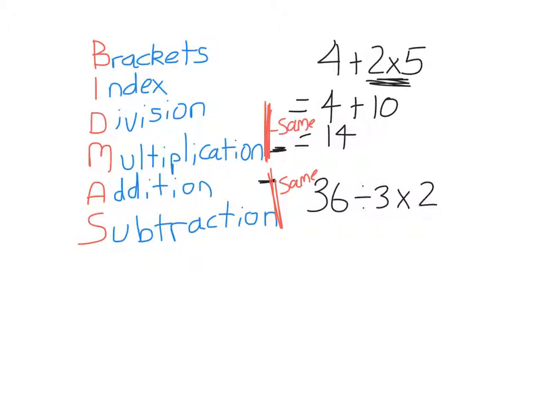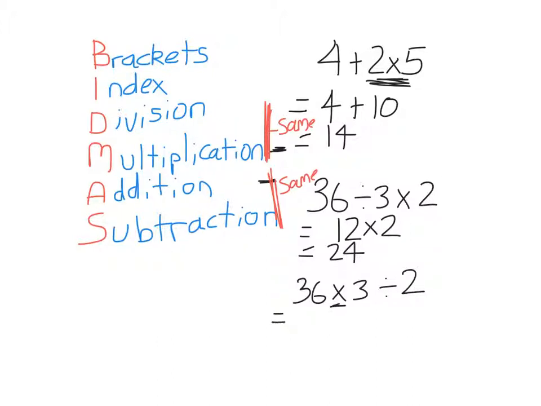So in this example, 36 divided by 3 times 2, I would do the division first because it occurs first from left to right. So it'd be 12 times 2, which is 24. If, however, it was 36 times 3 divided by 2, I do the times first because it occurs first from left to right. So 36 times 3, 108, divided by 2 gives us 54, okay?